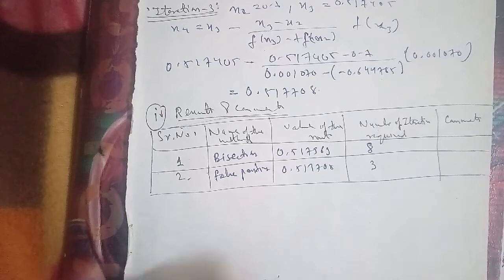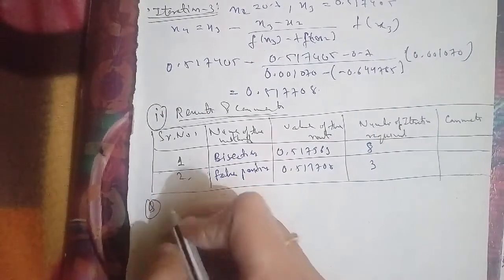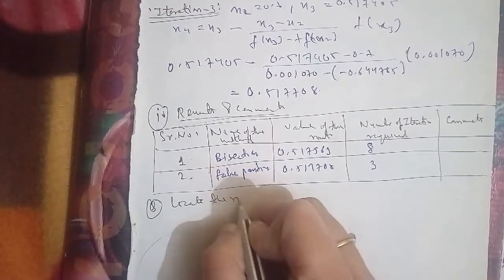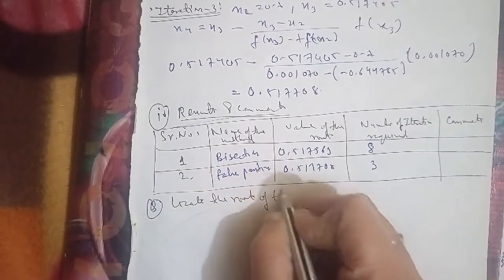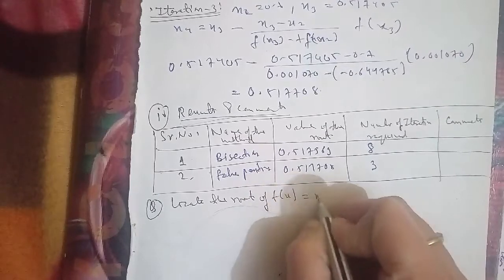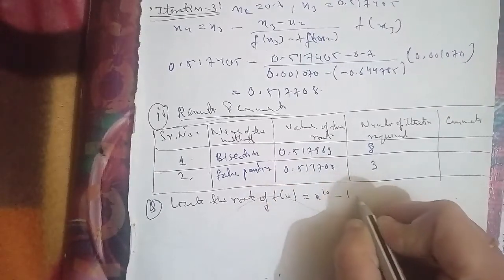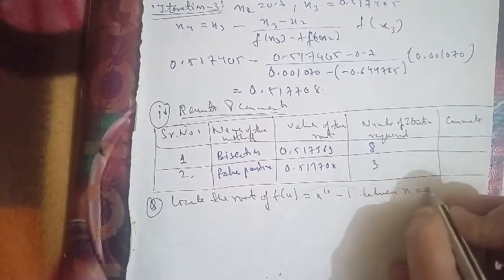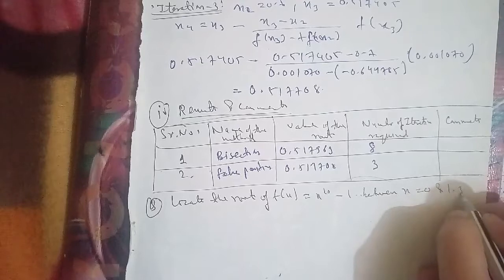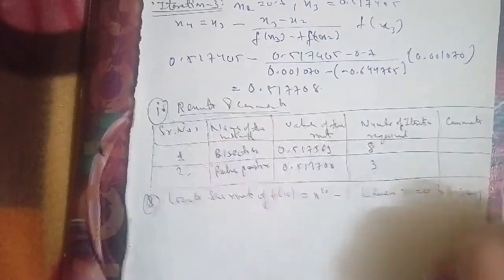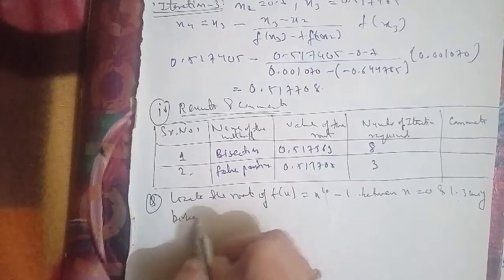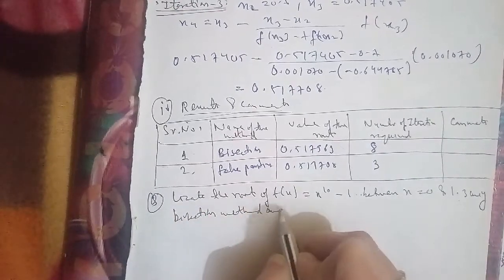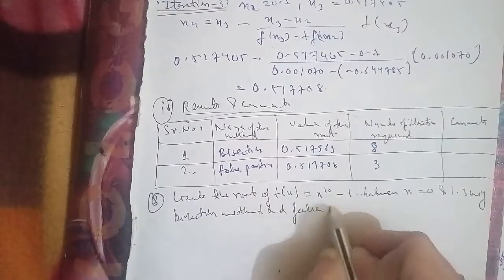So the question we have here: locate the roots of f(x) equals x to the power 10 minus 1 between x equals 0 and 1.3 using the bisection method and false position.